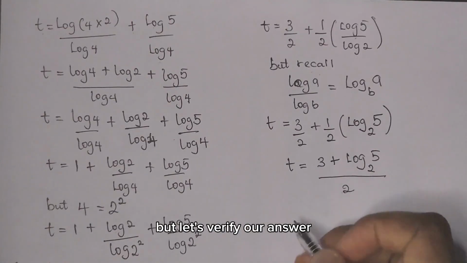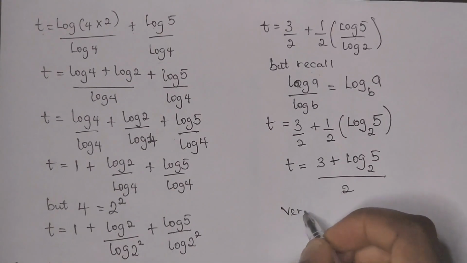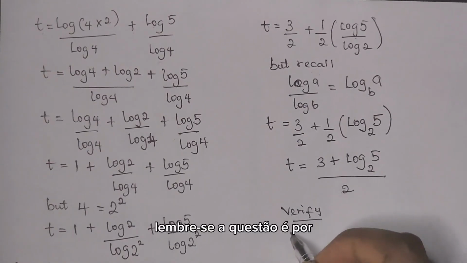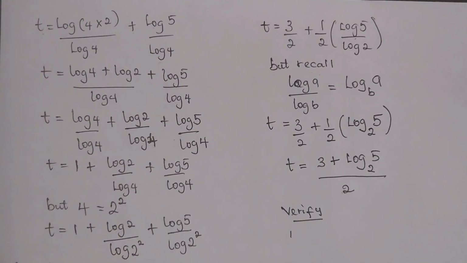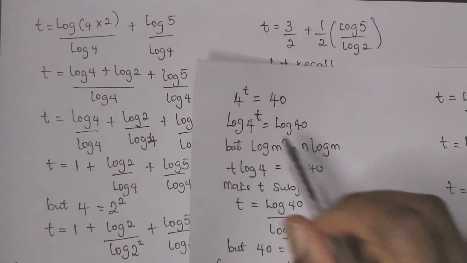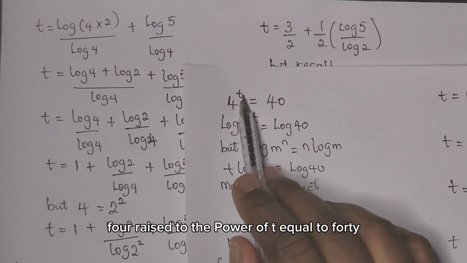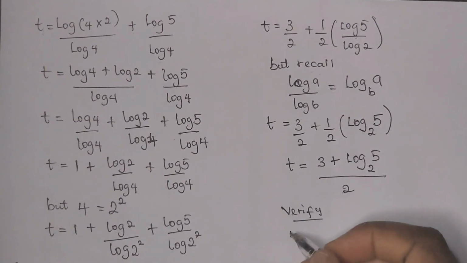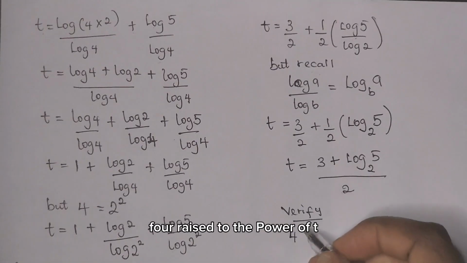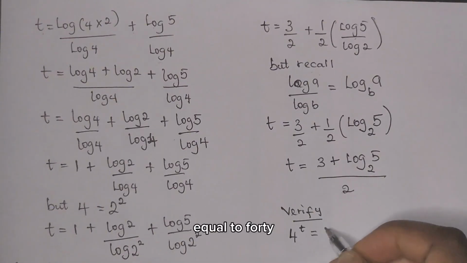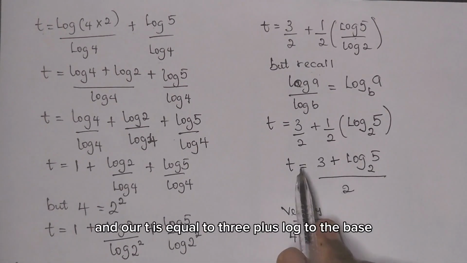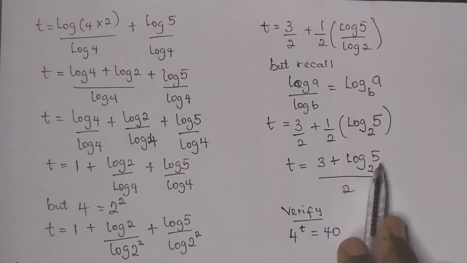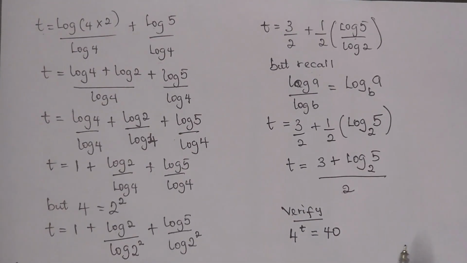But let's verify our answer. Remember, the question is 4 raised to the power of t equal to 40. And our t is equal to 3 plus log to the base 2 of 5 all over 2.